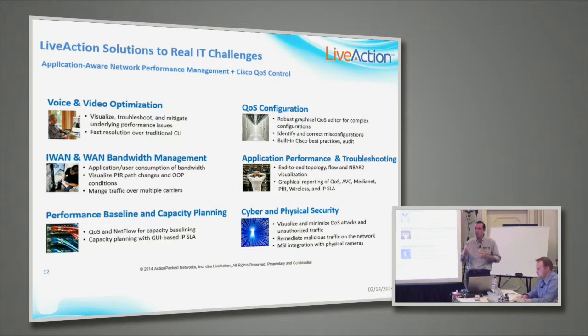So we provide the tools for monitoring PFR, monitoring IPSLA, enabling AVC, doing the QoS part, so that our customers can have options of how they want to do their WAN management. Other parts are application performance troubleshooting, performance baselining, and people have actually used our tool for cyber and physical security as well. So we started working with the physical security business unit, interacting with cameras and other Internet of Things endpoints.